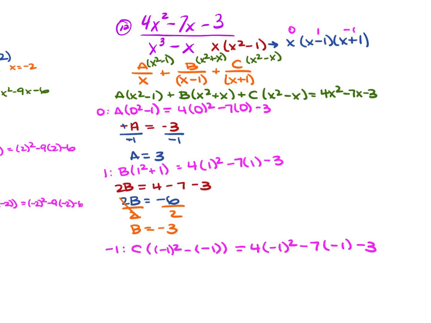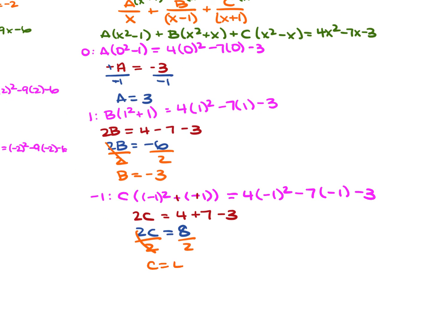So this is just going to give us negative 1 squared is 1, minus a negative 1 is plus 1, so that's 2c is equal to 4 times 1 is 4, minus 7 times negative 1 is a positive 7, minus 3. So 2c is equal to 7 plus 1 is 8. We divide each side by the 2, and we get that c is 4.